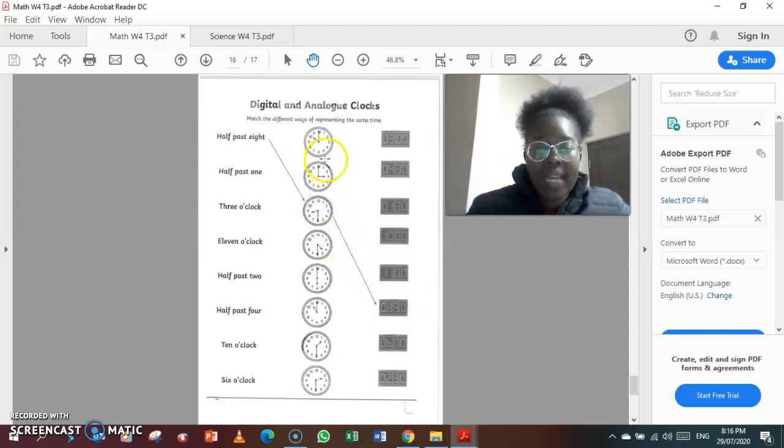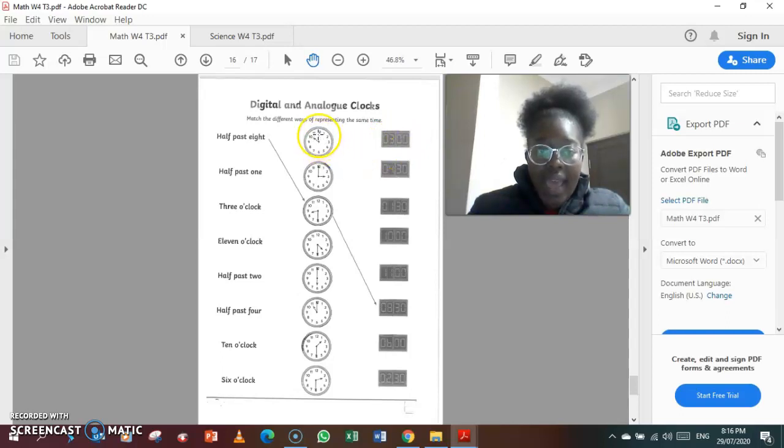I will explain how the digital clock works. Before the 2 dots, that's the hour, that's the short hand. For example, here you've got 10 o'clock. So 10 o'clock would be 10:00.